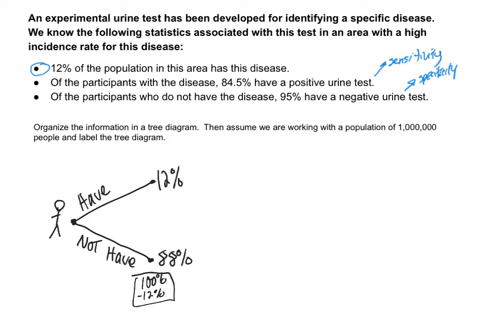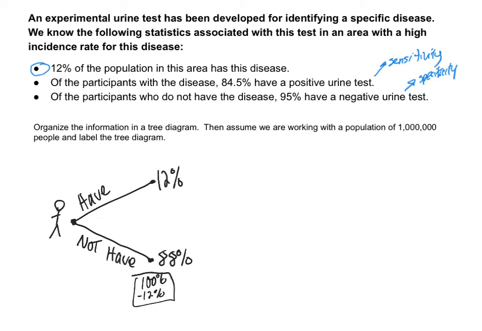Now, I want to be clear that we're working with this example that has percentages, and all the information provided to me is given with percentages. There'll be times when you might be told that there's a probability of 0.12 of selecting someone with this disease. So we could reframe this problem with probabilities, or we might talk about, and what we'll mention in a moment, this idea of natural frequencies.